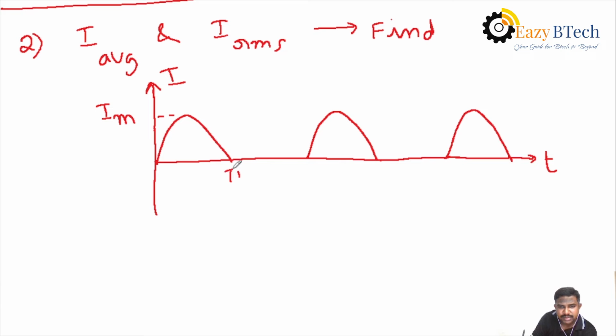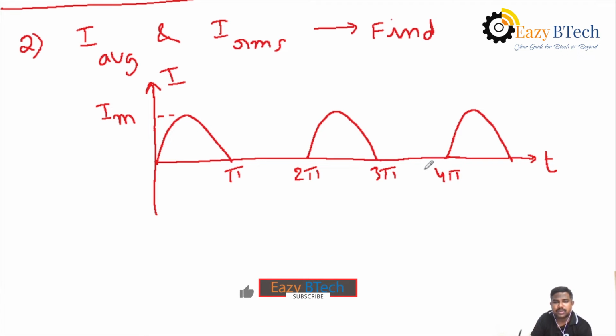The time period is pi, 2 pi, 3 pi, 4 pi, like that. For this waveform, you have to find out the average value and RMS value. The name of the waveform is full wave rectified waveform.